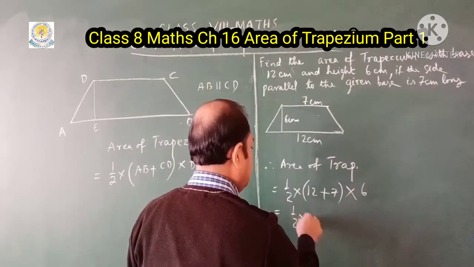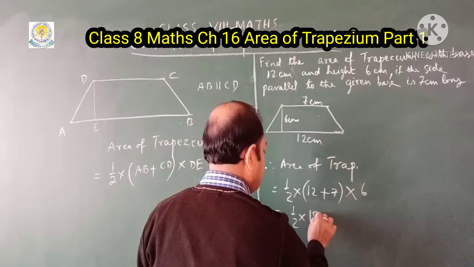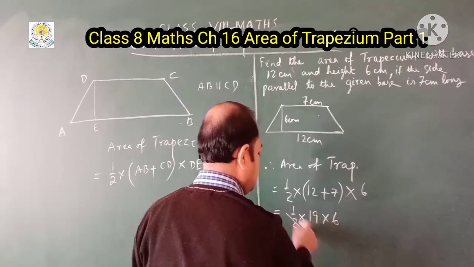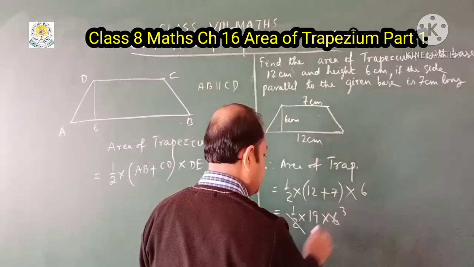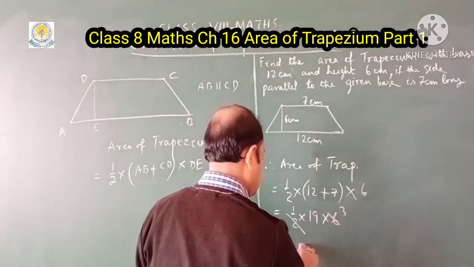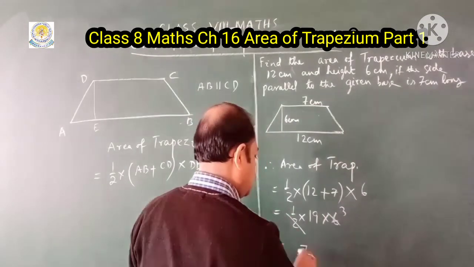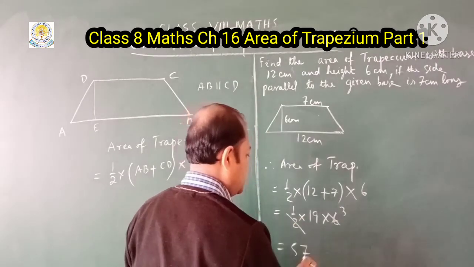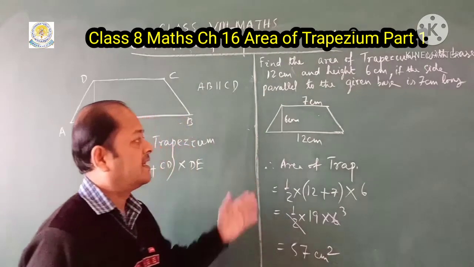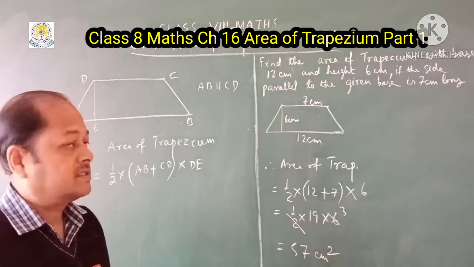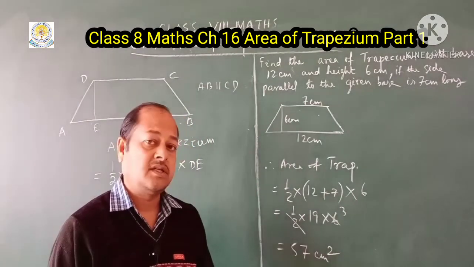So half into 12 plus 7 is 19, into 6. So we can solve it by minimizing. 2 3s are 6, 19 3s are how much? 3 9s are 27, 3 1s are 3, plus 2 is 5, so 57. 19 3s are 57 centimeter square. So what is the area of this trapezium? That is 57 centimeter square.